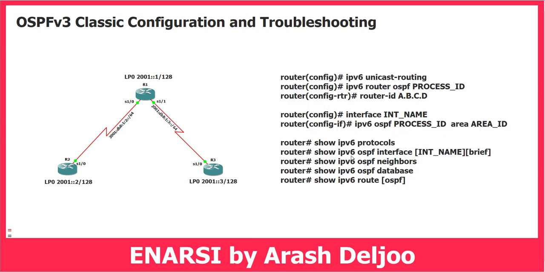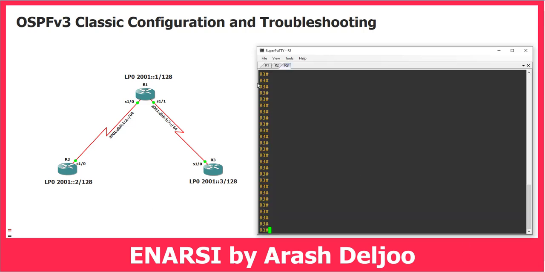All right, now let me show you the next command, show ipv6 ospf interface name or brief, starting from router 1. Show ipv6 ospf interface brief. Okay, look here. We have three OSPF enabled interfaces, loopback 0, serial 1/0, serial 1/1. All of them are working under OSPF process 1, and are members of area 0.